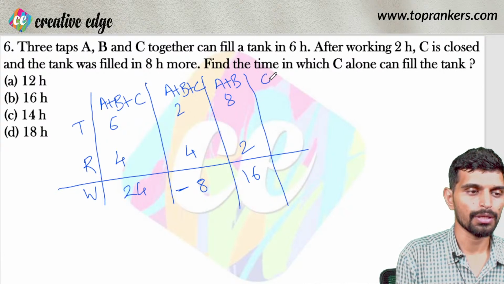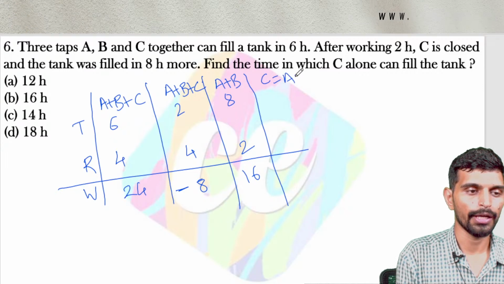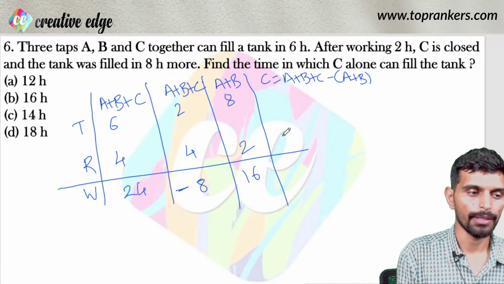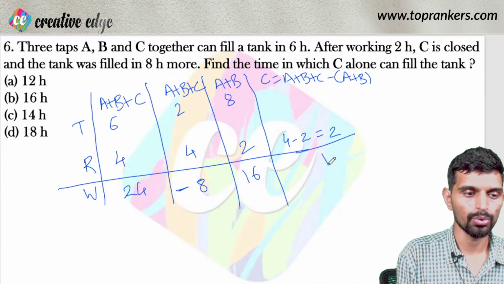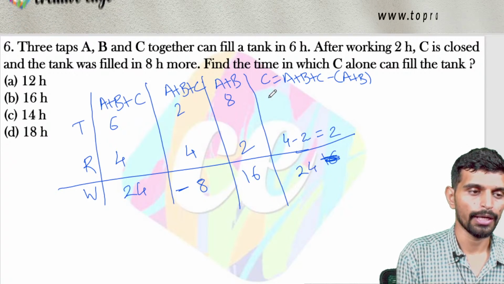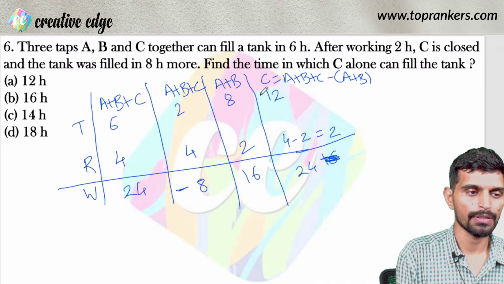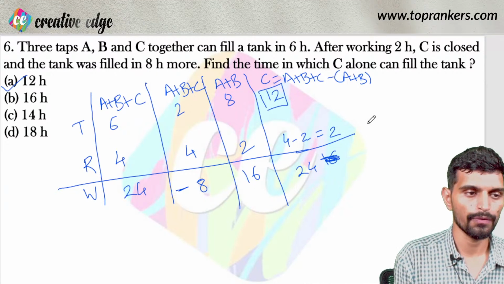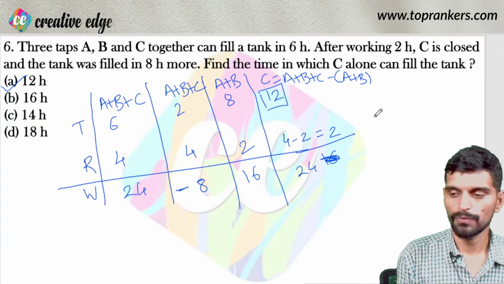Now let's calculate the rate of C. That will be A plus B plus C minus A plus B, so 4 minus 2. So this rate will be 2. So 24 units to be completed by C alone at the rate of 2 units per hour. C will take 12 hours. So the correct answer to this one is 12 hours.